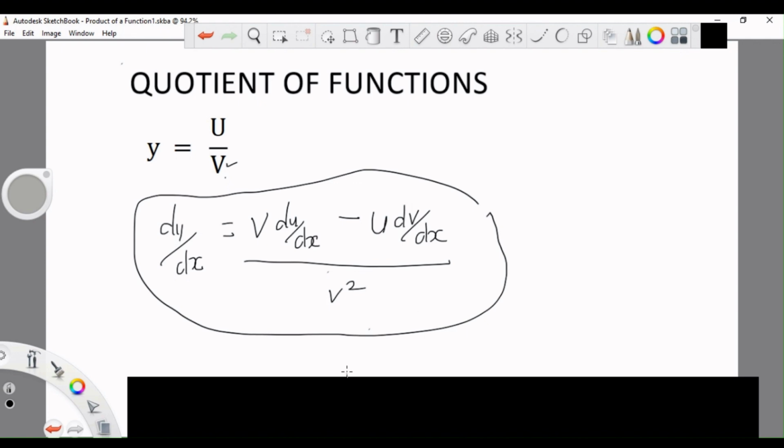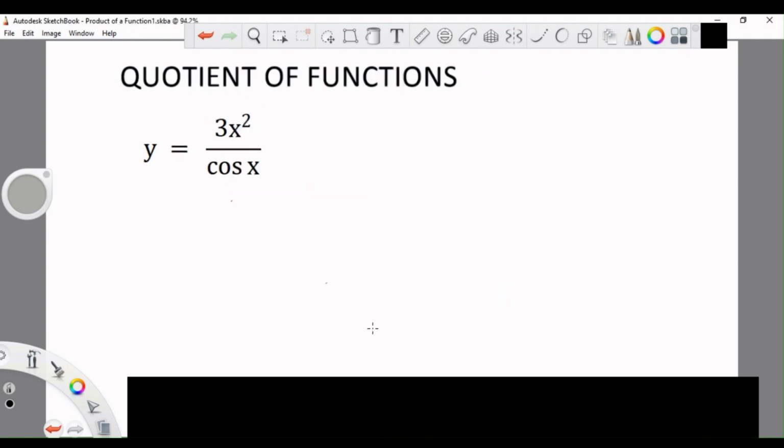Let's look at some examples. Here we're asked to differentiate y equal to 3x squared over cos x. What we'll do first is call the numerator u, and we call the denominator v. So therefore, my u is 3x squared.